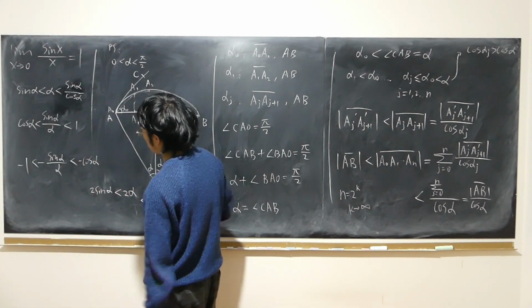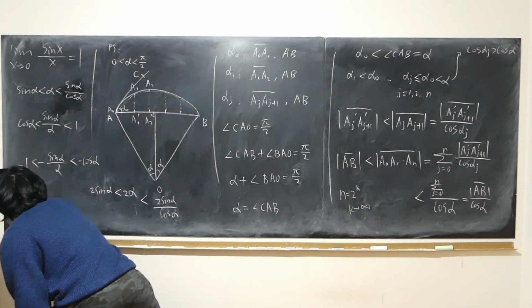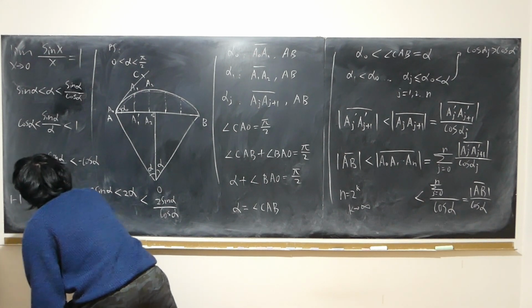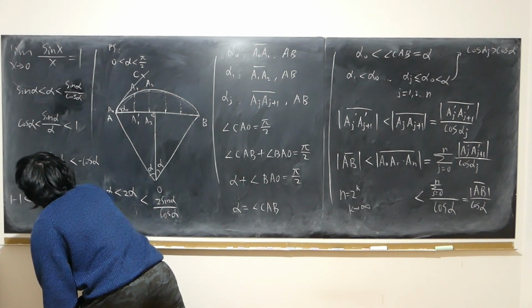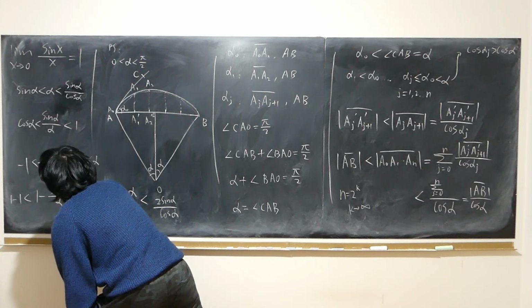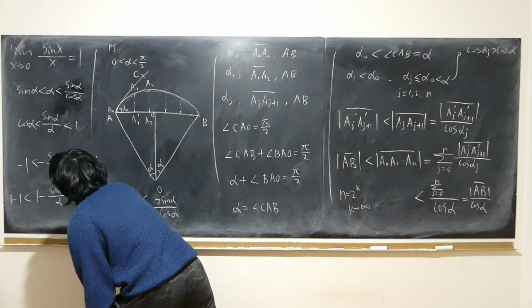If I add 1 on both sides, so 1 minus 1 smaller than 1 minus sine alpha over alpha, and less than 1 minus cosine alpha.